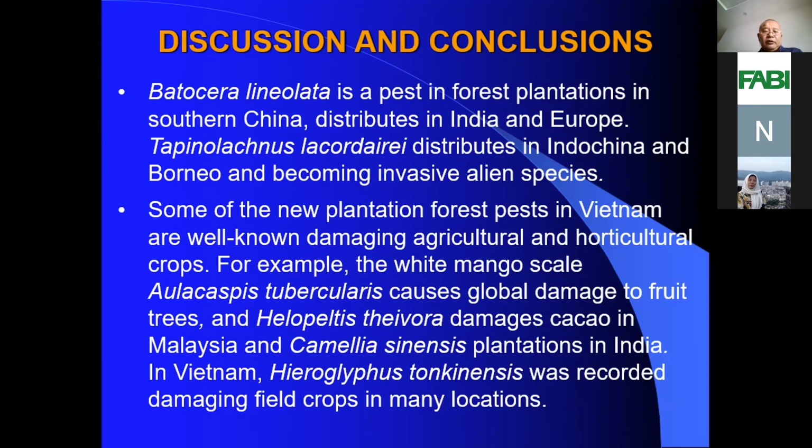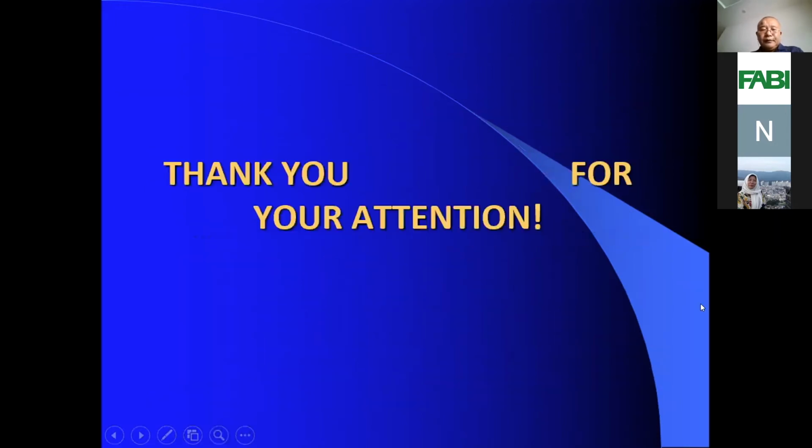For example, the white mango scale, Aulacaspis tubercularis, causes global damage to fruit trees, and Helopeltis theivora damages cacao in Malaysia, Camellia sinensis plantations in India, and in Vietnam. Now, Hieroglyphus tonkinensis is a grasshopper recorded damaging field crops in many locations.